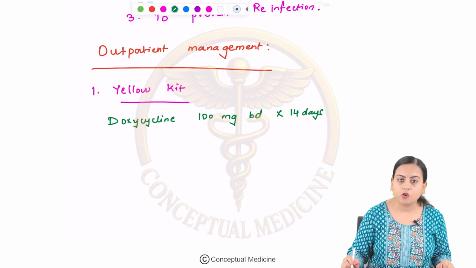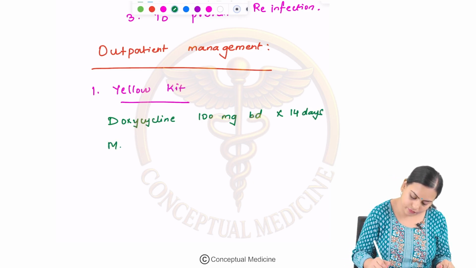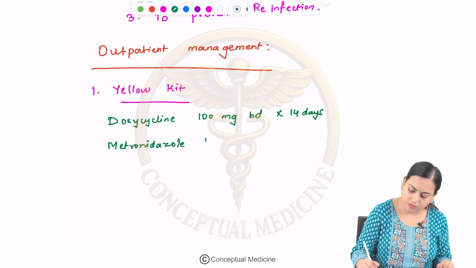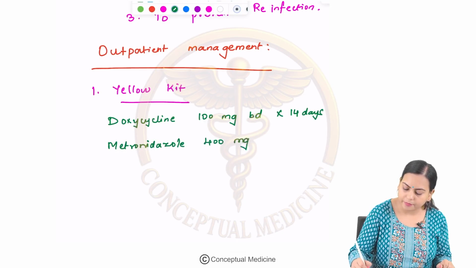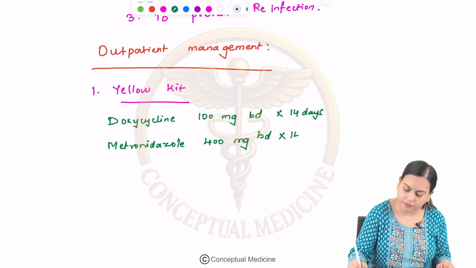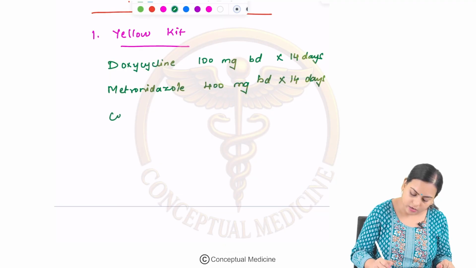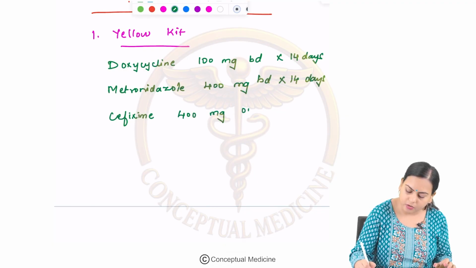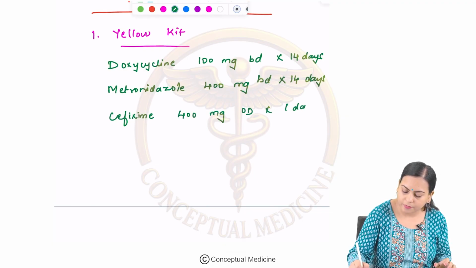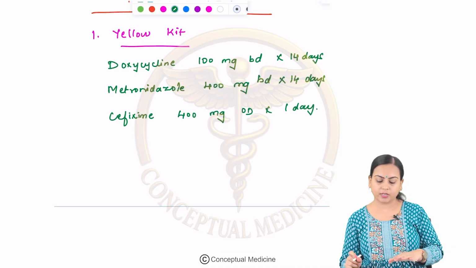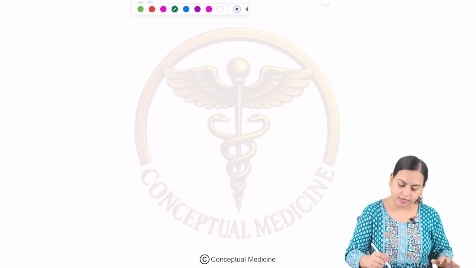Then it also contains metronidazole 400 mg BD, that will be given for 14 days, and it contains cefixime at a dose of 400 mg once daily, that is given for 1 day alone. Clear?